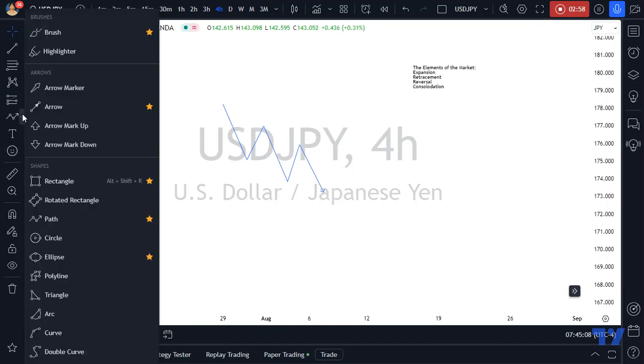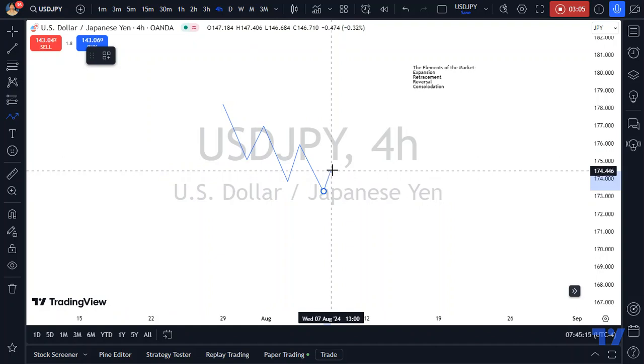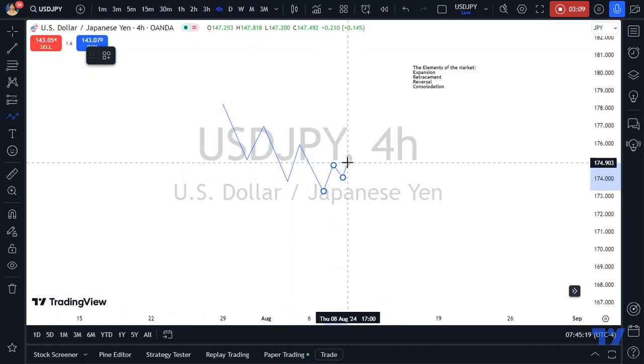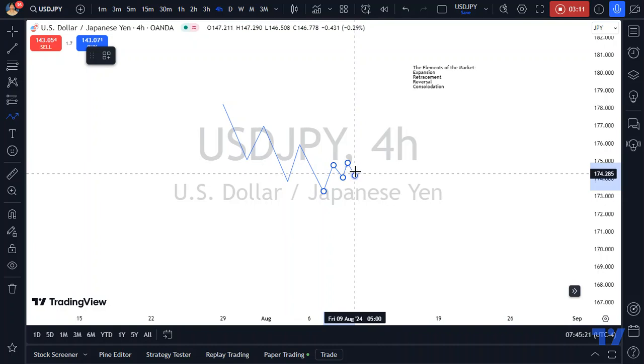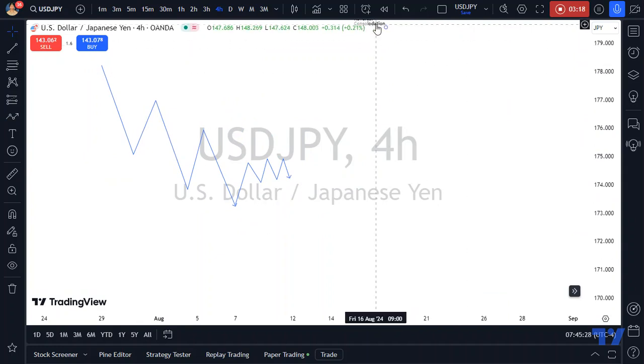But the first concept we'll be looking at is when price is consolidating. In this case, the power of three. This is what we call accumulation. So let me just make this bigger.